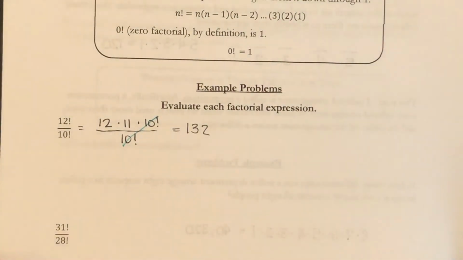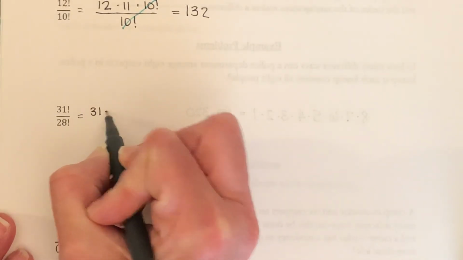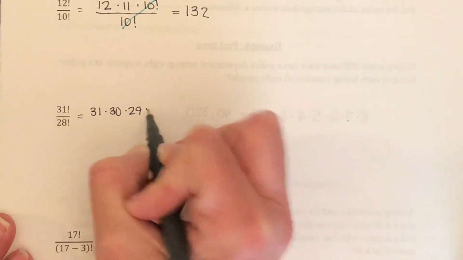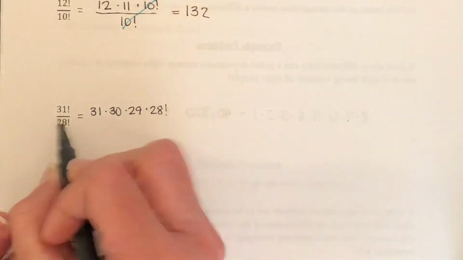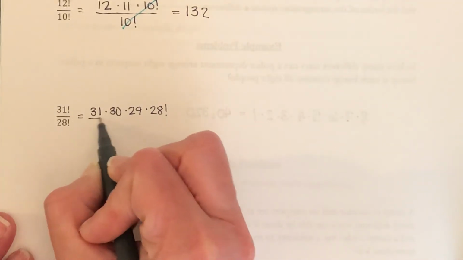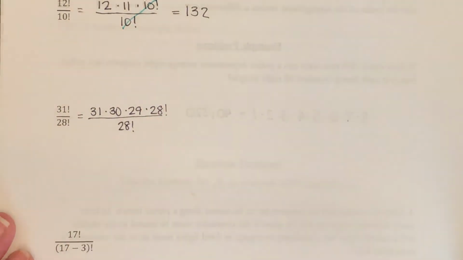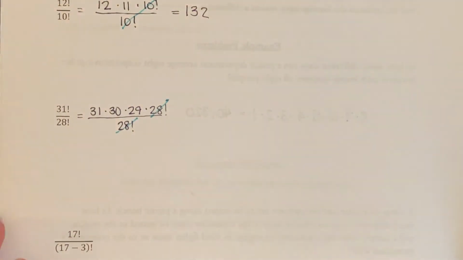Okay, so let's do 31 factorial over 28 factorial. So this would be 31 times 30 times 29 times, I'm going to stop at 28 because that's what's in the bottom, and just add that factorial, and so on. And then you have 28 factorial. This and this is going to cancel out.